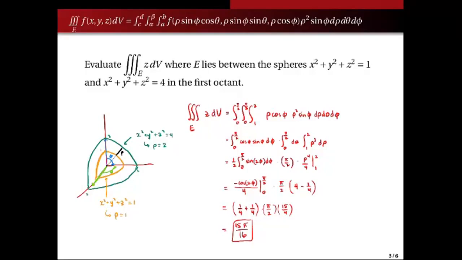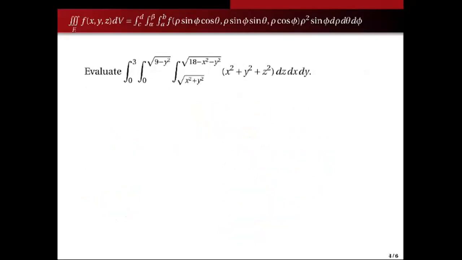Okay, so let's move to our next example. We want to evaluate the integral from 0 to 3, integral from 0 to square root of 9 minus y squared, integral from square root of x squared plus y squared up to square root of 18 minus x squared minus y squared of x squared plus y squared plus z squared dz dx dy. So we want to evaluate this.